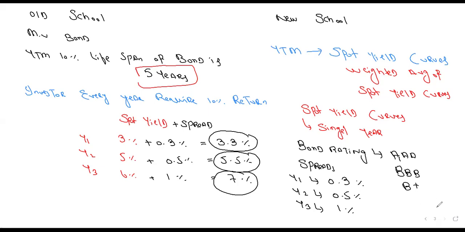So now, what happened, guys? In the previous study, the discount factor or annuity factor was the YTM, yield to maturity.